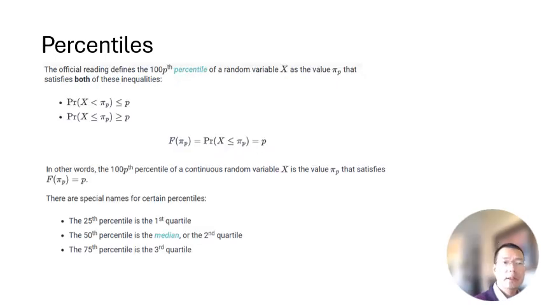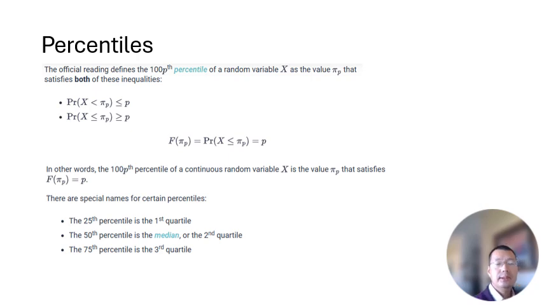The next concept that I'm going to review is percentiles. The official reading defines the 100p-th percentile of a random variable x as the value pi_p that satisfies both of these inequalities. Probability of x less than pi_p will be less than or equal to p, and the probability of x less than or equal to pi_p will also be greater than or equal to p.